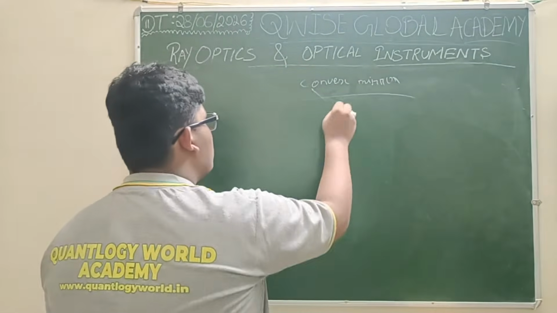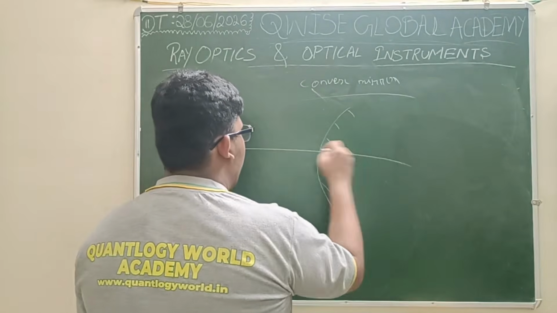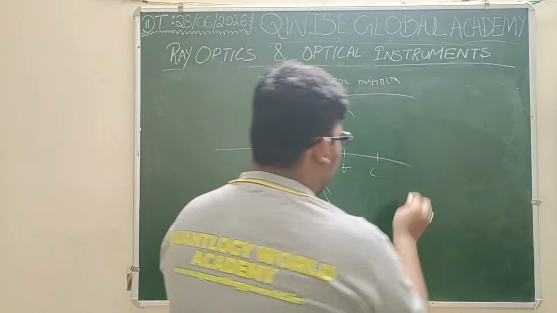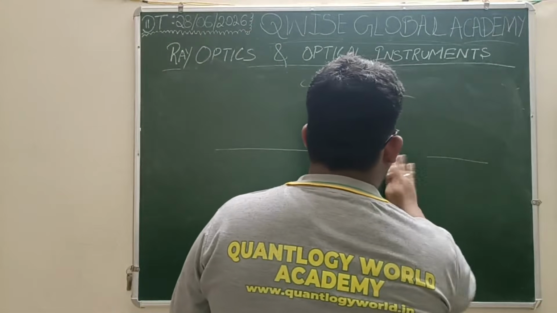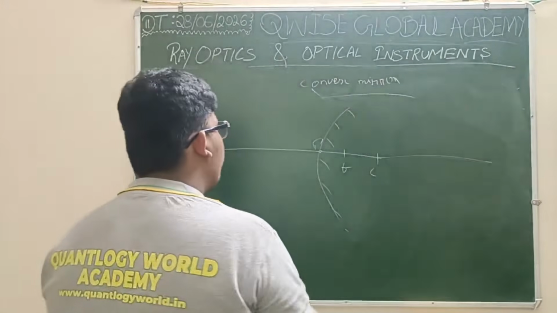So there are two cases of image formation in convex mirror. First is at infinity.